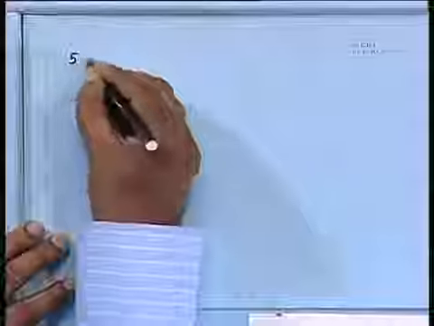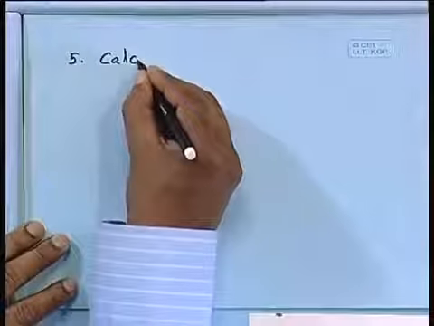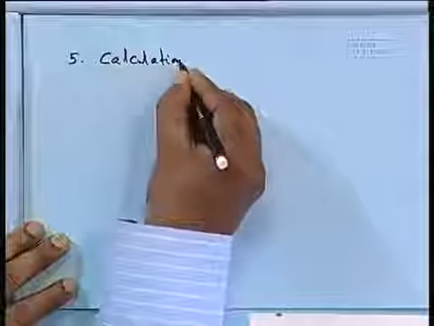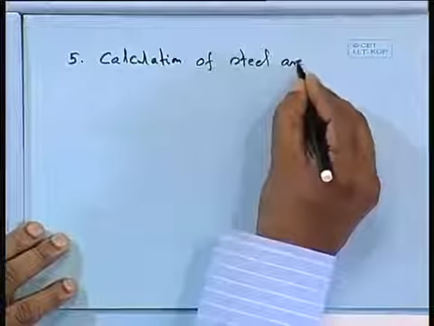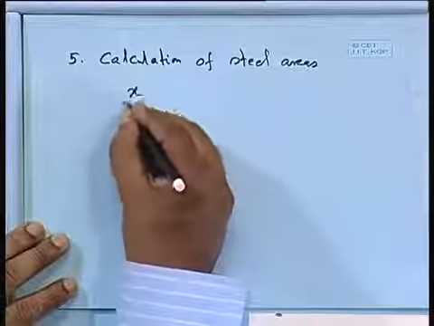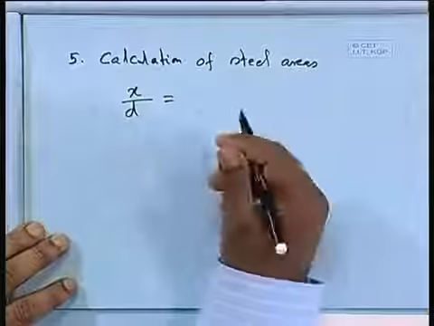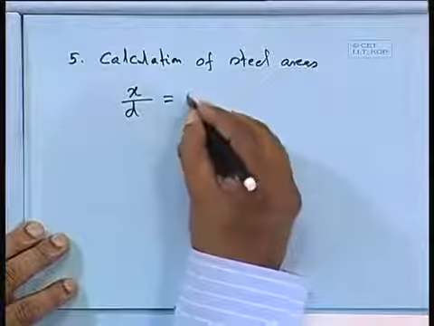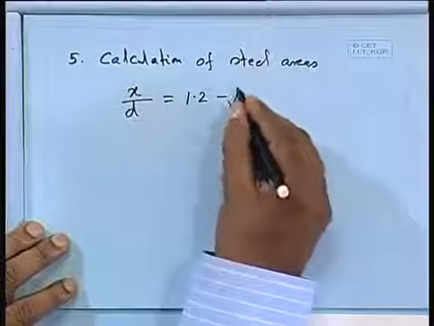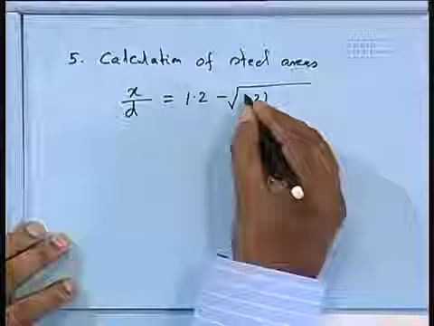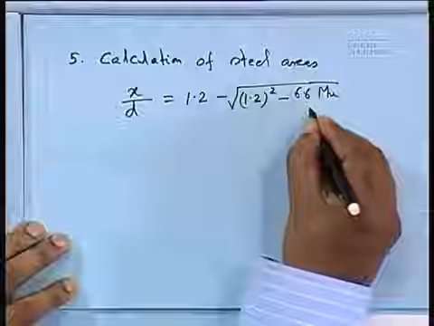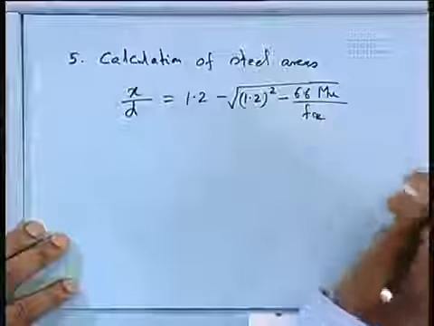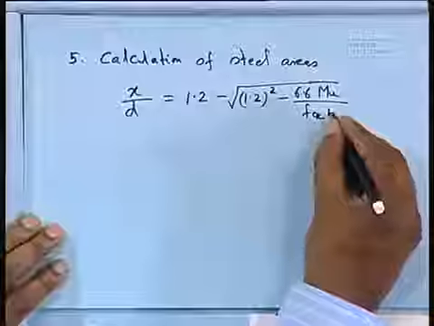Number 5, calculation of steel areas. Directly we can calculate this, or we can go from the Mu formula, or directly we can remember this formula: 1.2 minus root over 1.2 whole square minus 6.6 Mu by fck bd square.